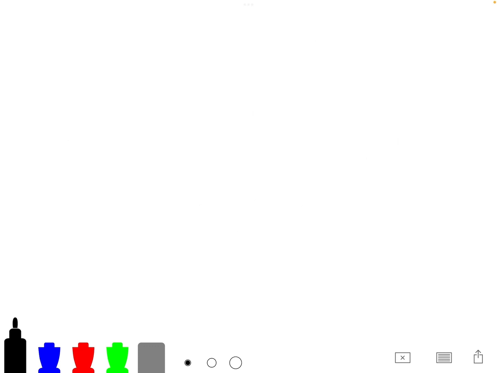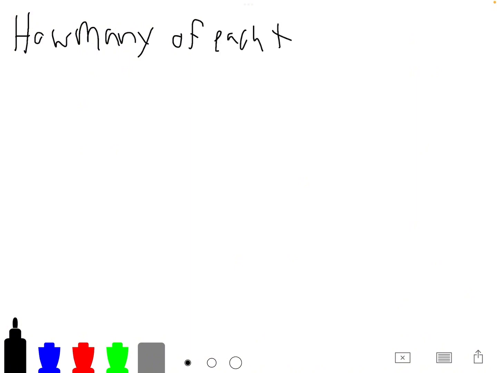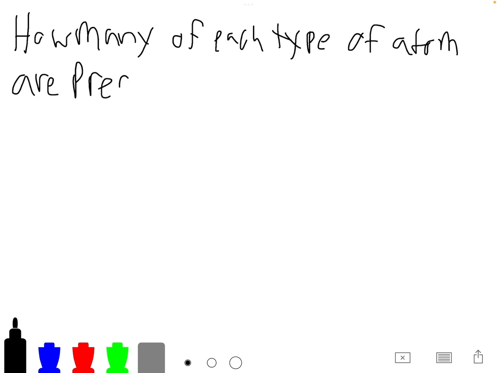So, the first one is how many of each type of atom are present in 2 aluminum.